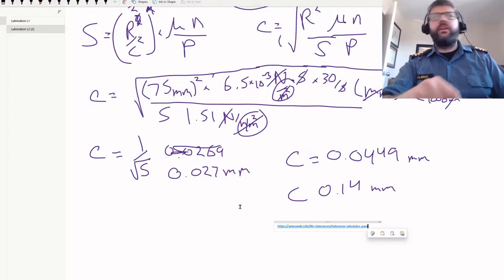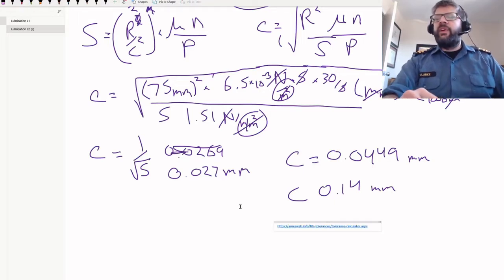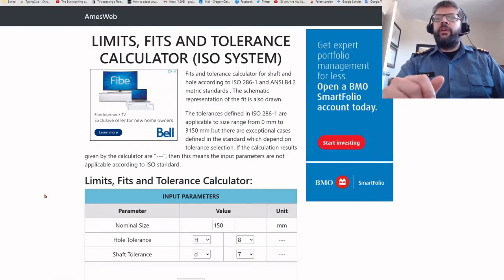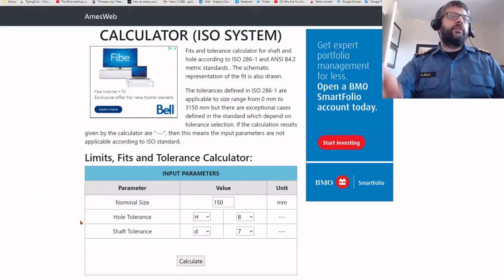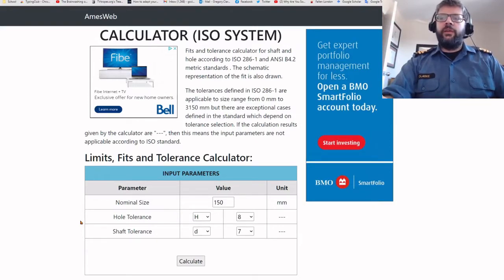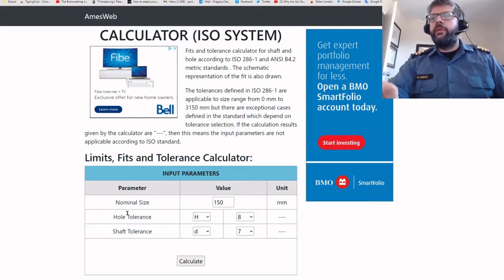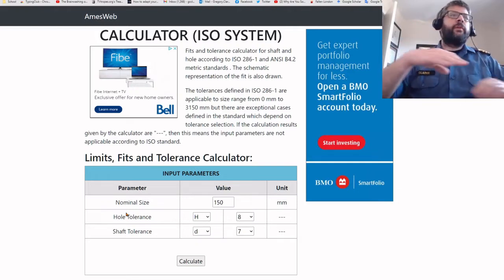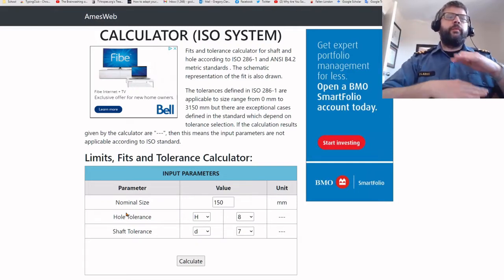I'll post that right there. So that basically allows us to specify our nominal size, our hole tolerance, our shaft tolerance, and then figure out what sort of clearances we could expect at the maximum and minimum level.